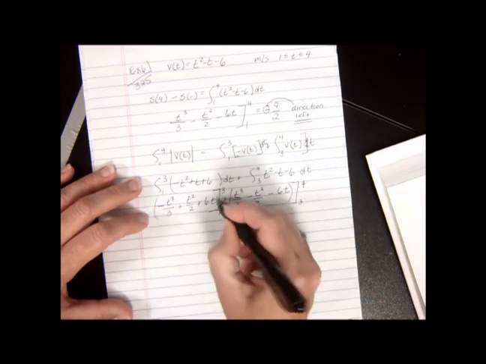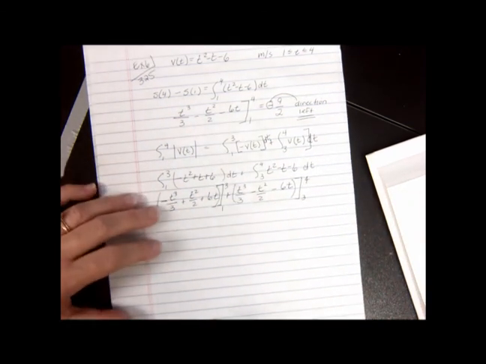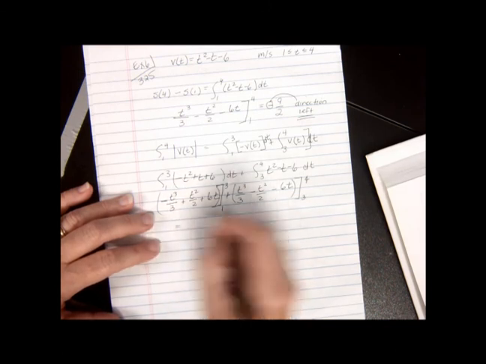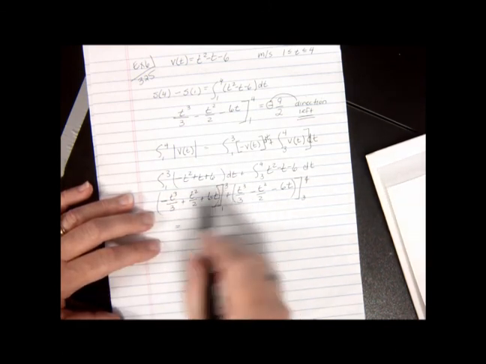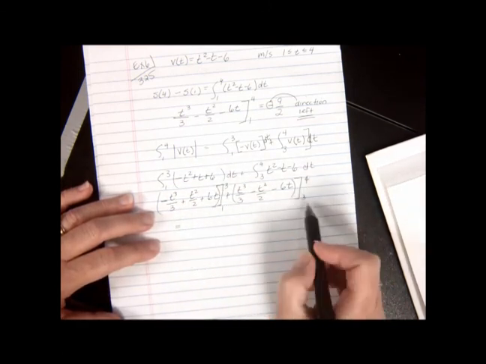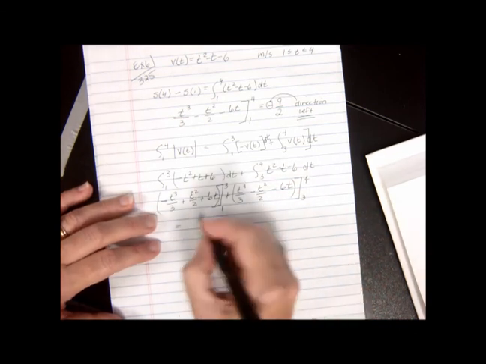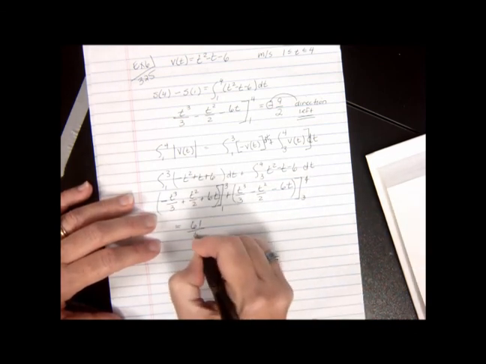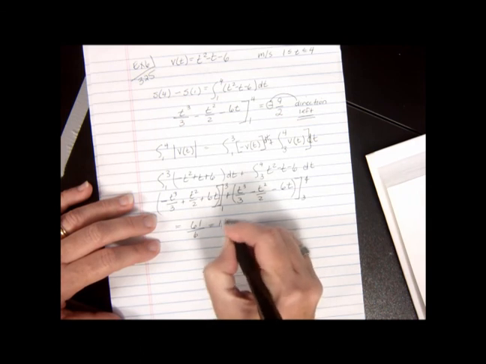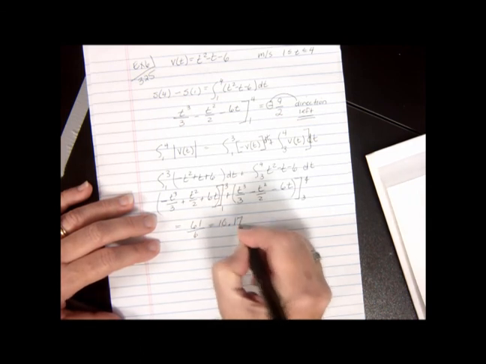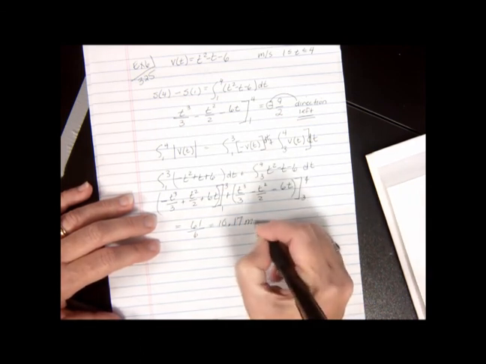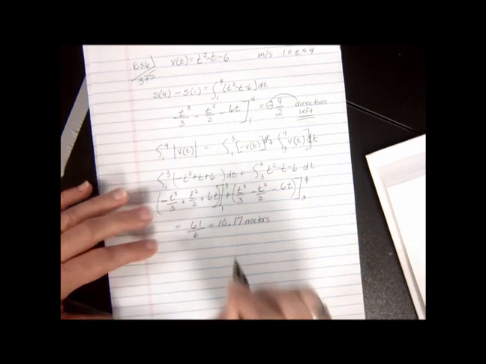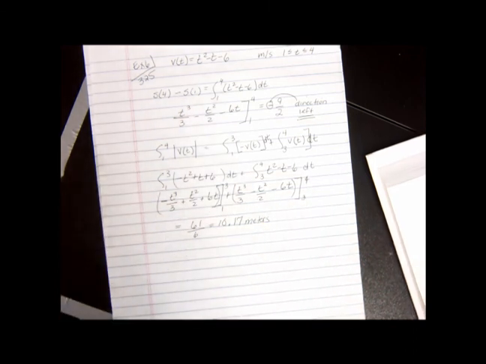Once I plug everything in, this minus this, this minus this, I will find that my value is 61 over 6, which is 10.17 meters. So that is the total distance the particle traveled during that time.